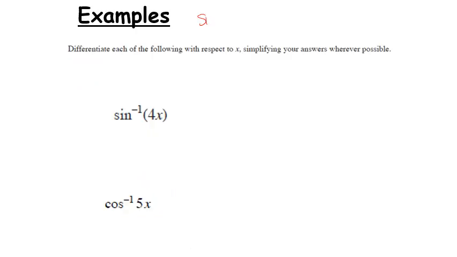Okay, so we've just proved that when you differentiate inverse sine, it becomes 1 over the square root of 1 minus x squared. Now in this question, rather than just having inverse sine of x, we've got inverse sine of 4x. So the first thing I'm going to do is just copy this formula, but where I see the x, I'm going to write 4x.